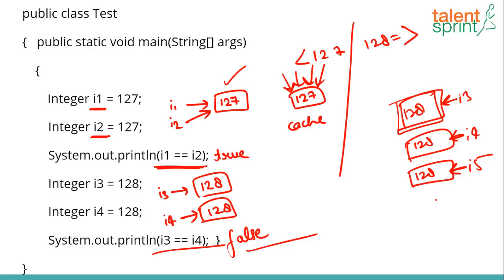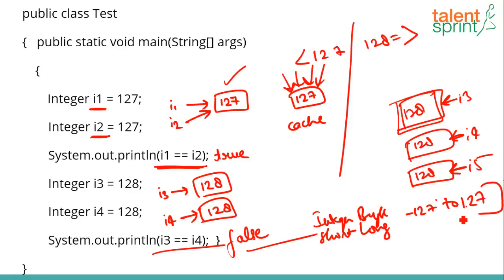Okay, Sagar is asking me how much value for double, float, long and string. This caching concept, as you have already seen for string, the string example we have already seen. For the rest, the integer wrapper classes like byte, short and long, the range is -127 to 127.